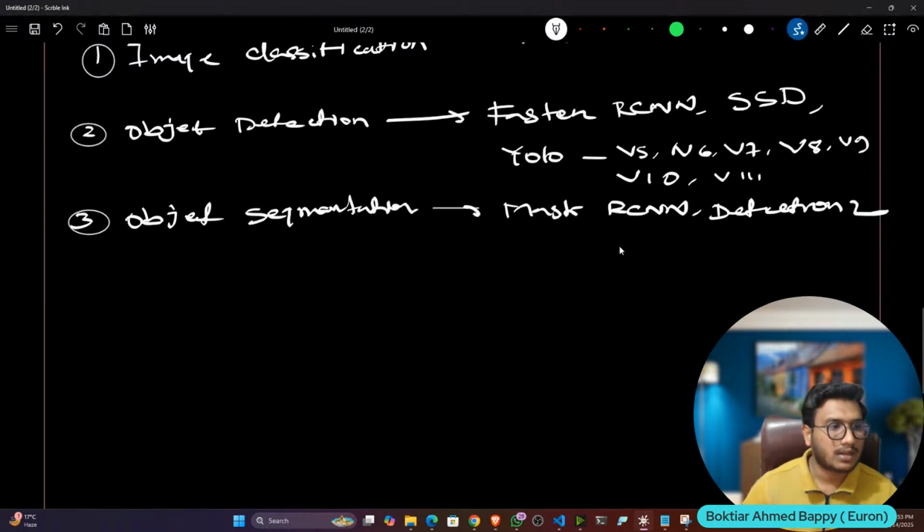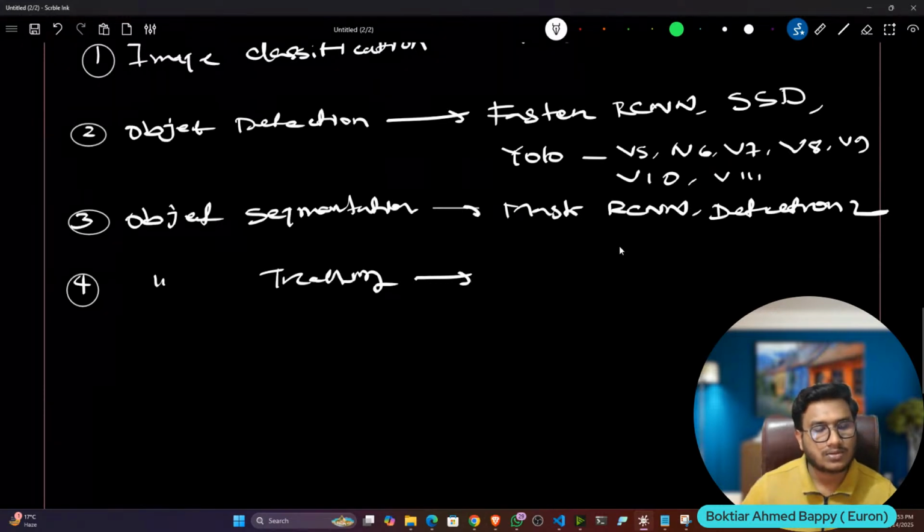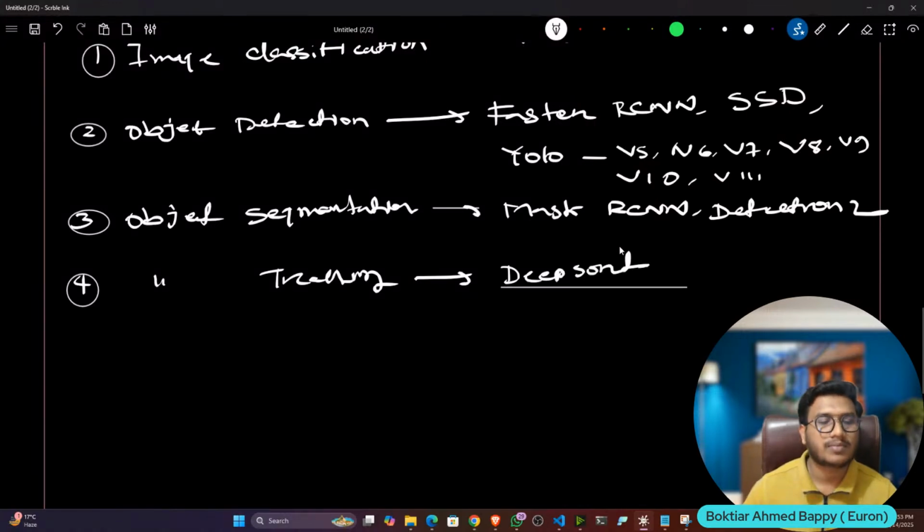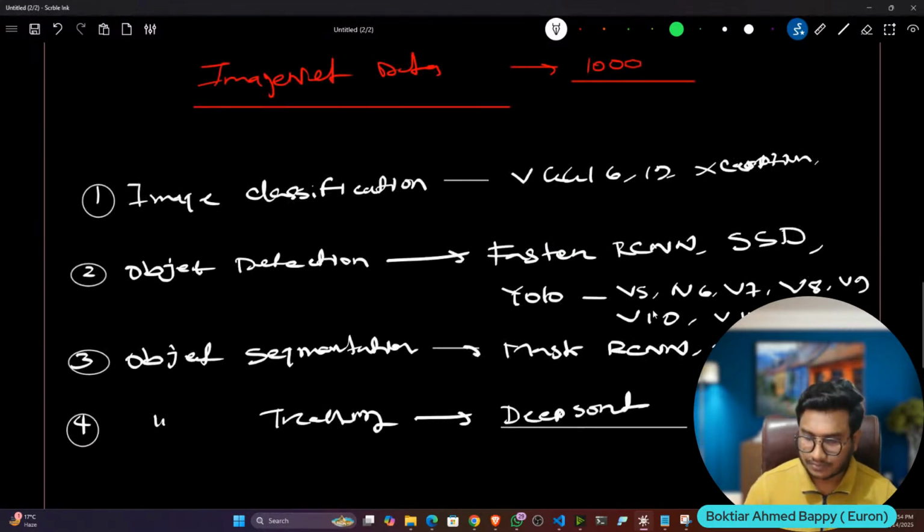Then for object tracking, there is a very popular architecture called DeepSORT. With the help of DeepSORT, and we also have ByteTrack, we can do the tracking task. So these are the different architectures we have.